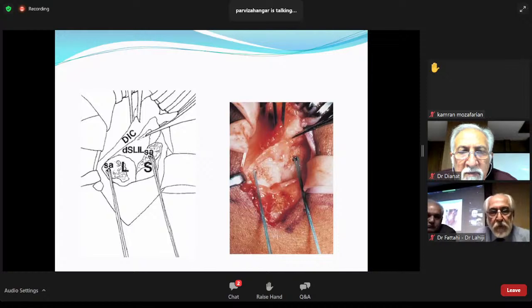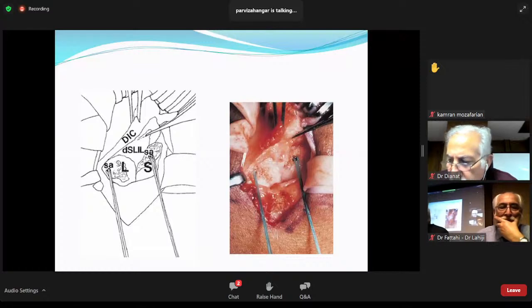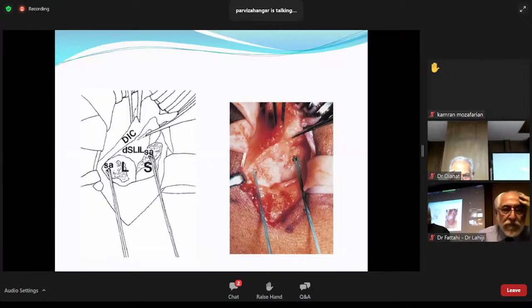And because the more important ligament in the scaphoid is the dorsal scapholunate ligament, I try to augment the ligament with the Viegas technique, with the dorsal intercarpal ligament and dorsal capsule.